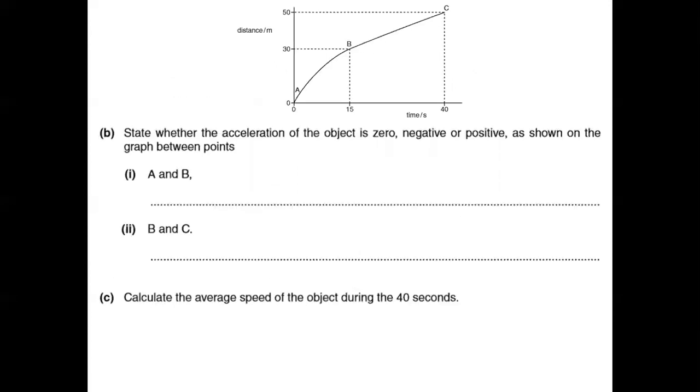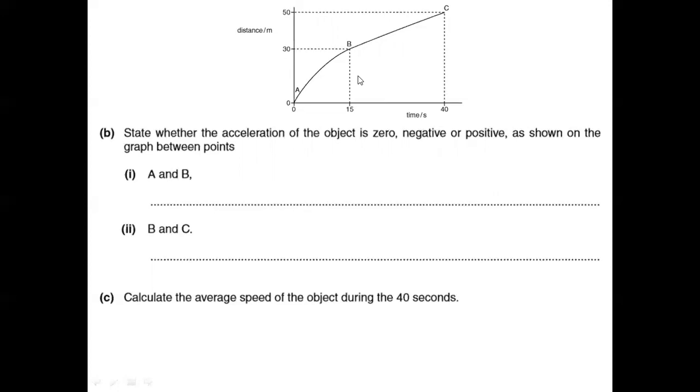Next, letter B: state whether the acceleration of the object is 0, negative, or positive as shown on the graph between points A, B. Again, between points A, B, we have established that the speed decreases. If the speed decreases, that means the object slows down.